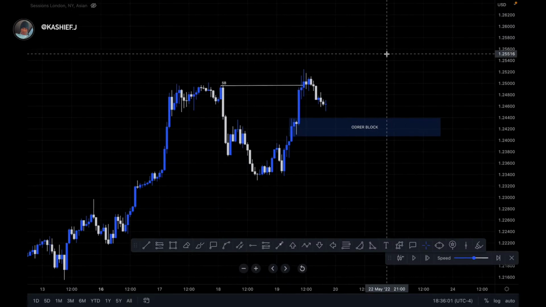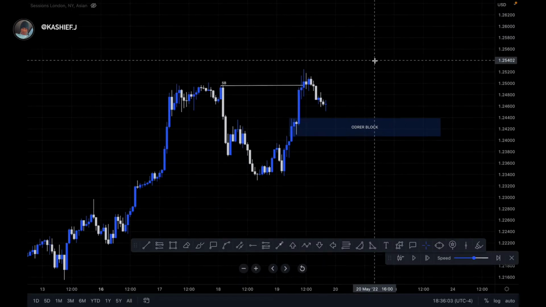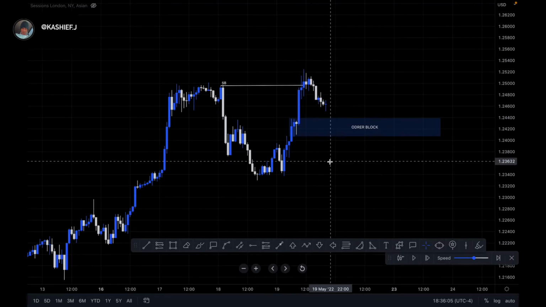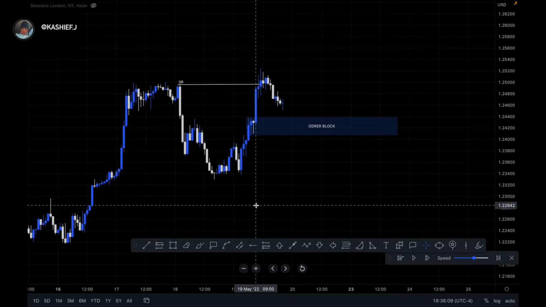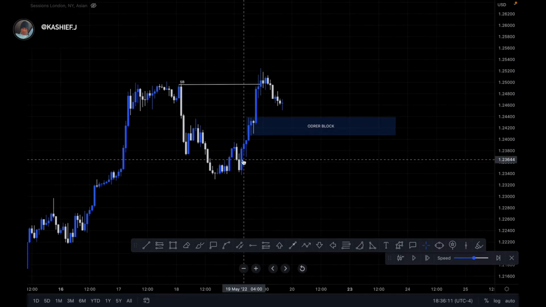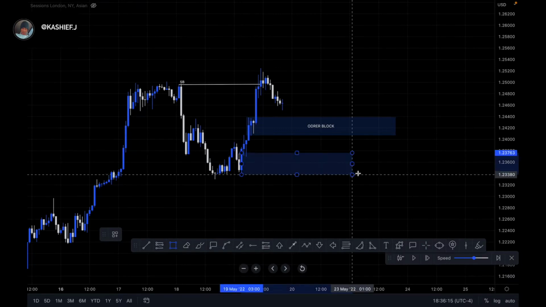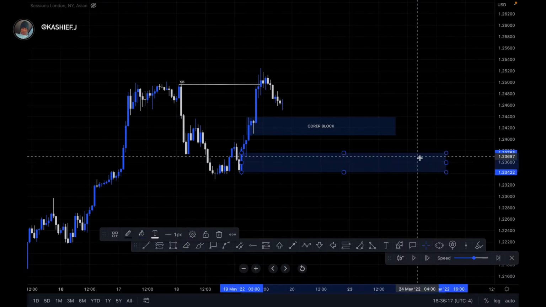Alright, so we pretty much did have two zones in question. So we have right down here where the market changed character to the upside, this last bearish candle before the market pushed to the upside.